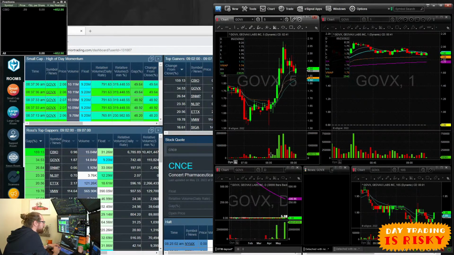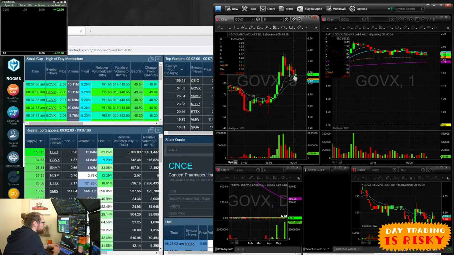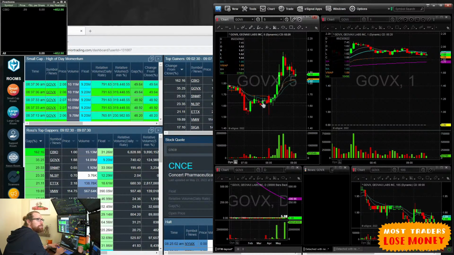GovX has pulled back here, down to just below the 9 moving average. We've got about 22 minutes to the opening bell right now.